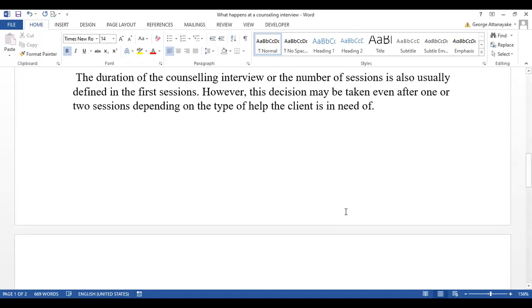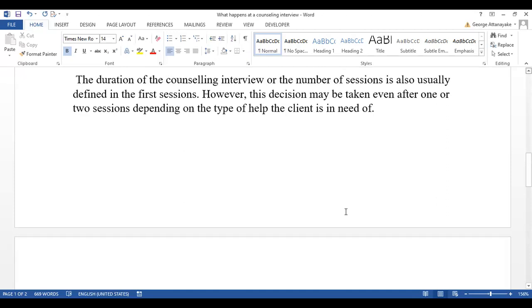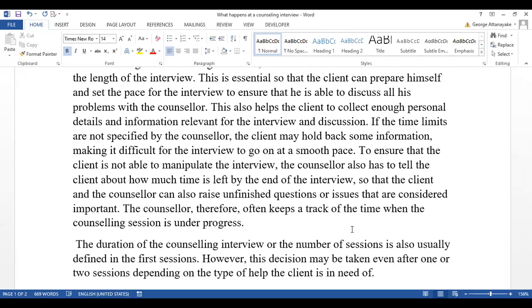The aim of this is to establish and build a strong relationship. The first session of the counseling interview is aimed at finding the issues that the client is facing.